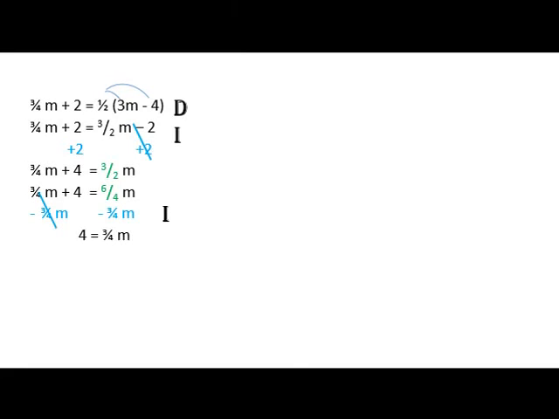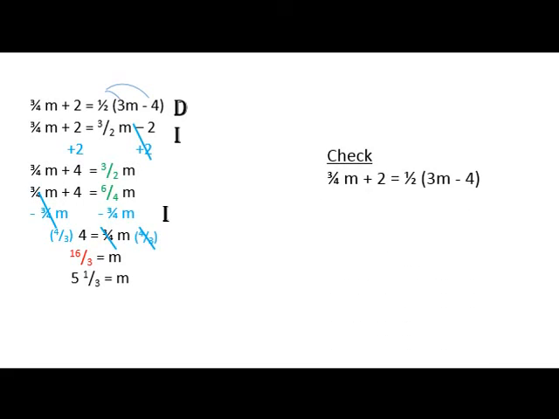This gets rid of the 3/4 m on the left, leaving us with 4 equals 3/4 m. Now the coefficient is a fraction, so I'm going to multiply both sides by the reciprocal 4/3. This gets rid of the coefficient on the right, leaving us with m equals 16/3. That's an improper fraction, so when I change it to a mixed number, it becomes 5 1/3.